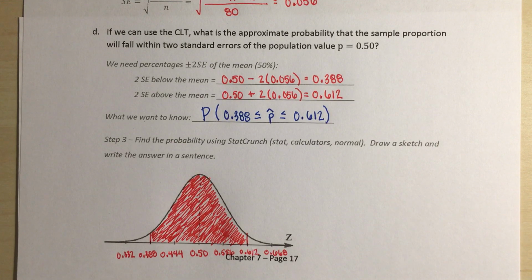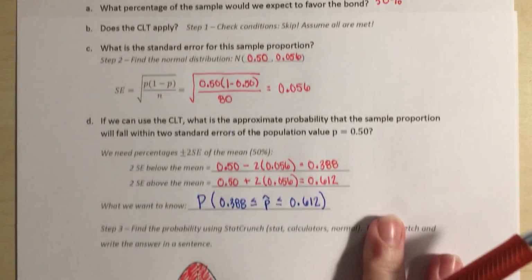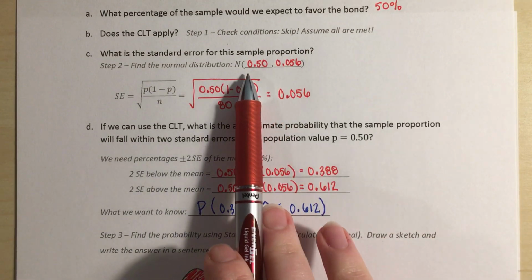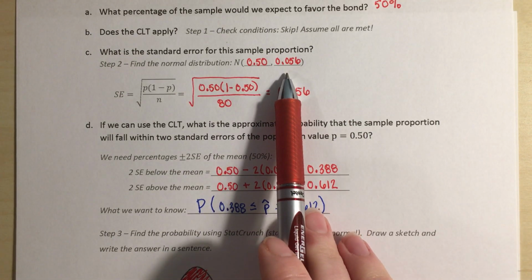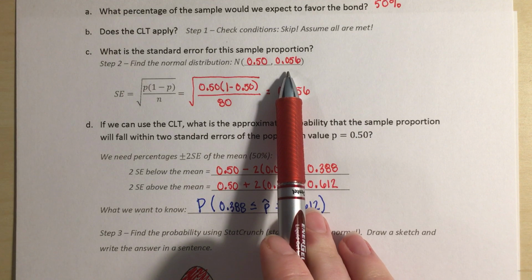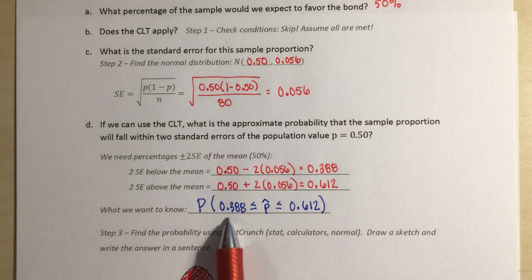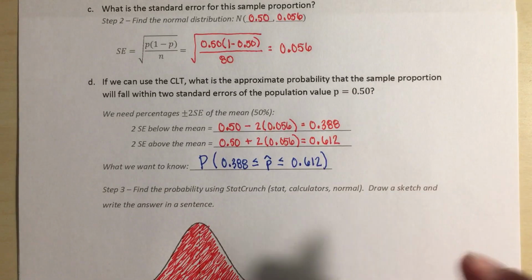All right. Then we're going to go to StatCrunch. And in StatCrunch, we are going to select the between. We are going to put the information in for our mean, 0.50, our standard deviation, which is our standard error of 0.056. Then we are going to go between 0.388 and 0.612, and that is going to give us a value.